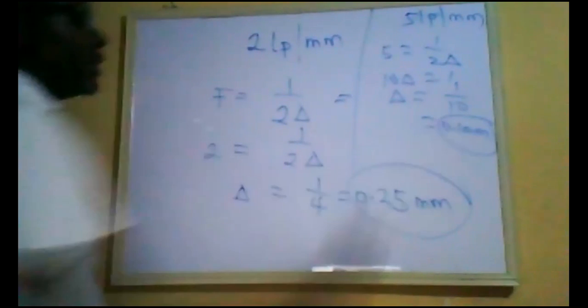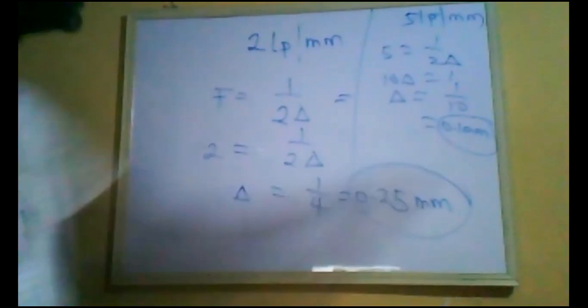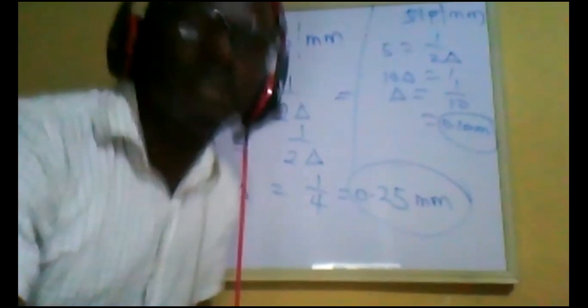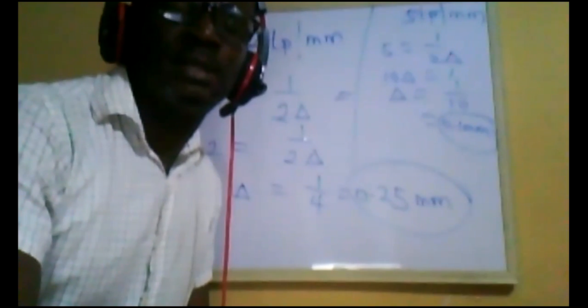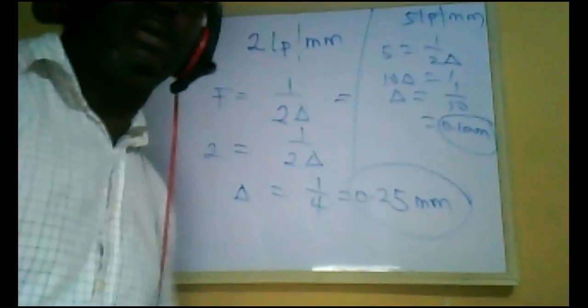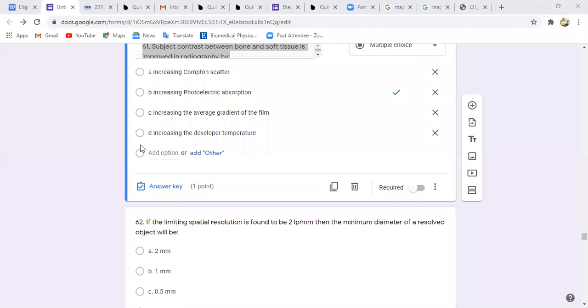So let's go back. What's the answer here? 0.25. So 0.25 millimeter is the smallest it can resolve.